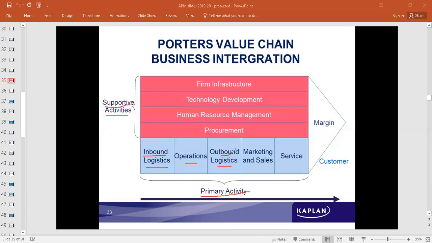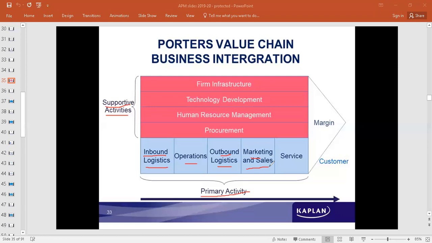So these are the primary activities. Inbound is the material which is coming into the factory. So the first activity required is that the material has to come into the factory premises so that the main operation can be taken up.